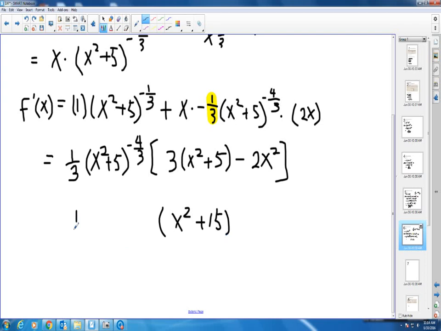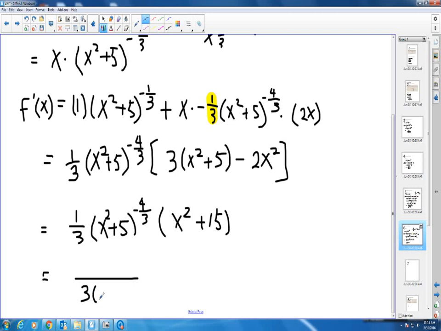And I still have all these up front that I factored out earlier. The x squared plus 5 has a negative exponent, so that has to be flipped. Remember, this 3 is already in the denominator, so when I flip this negative exponent, it will be right next to the 3 that was already down there as well.